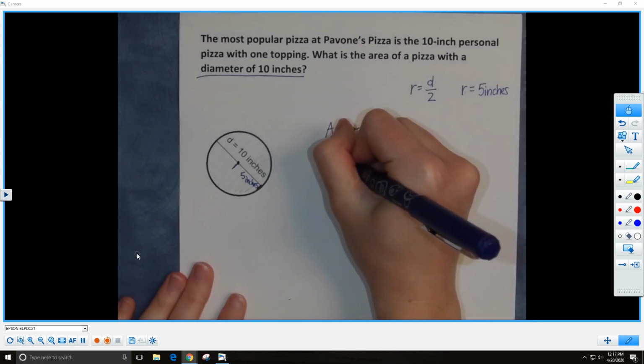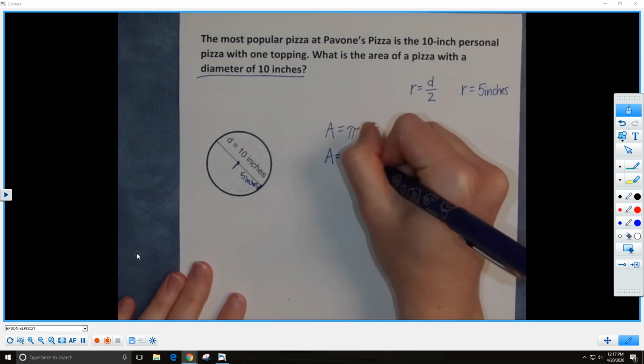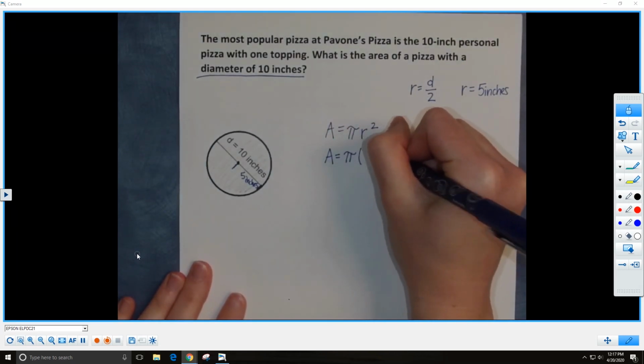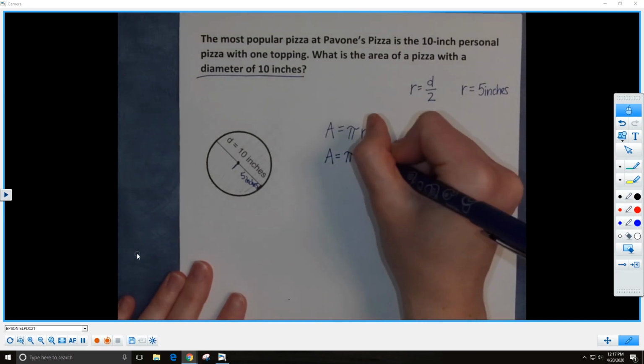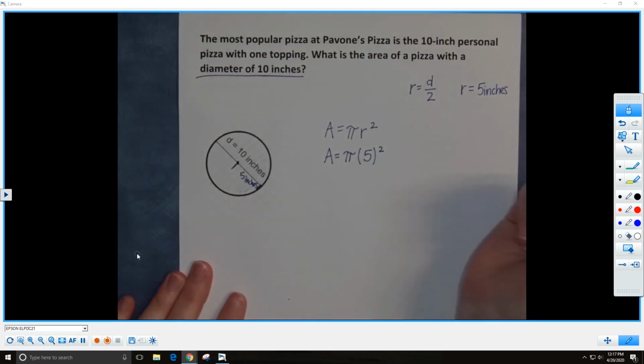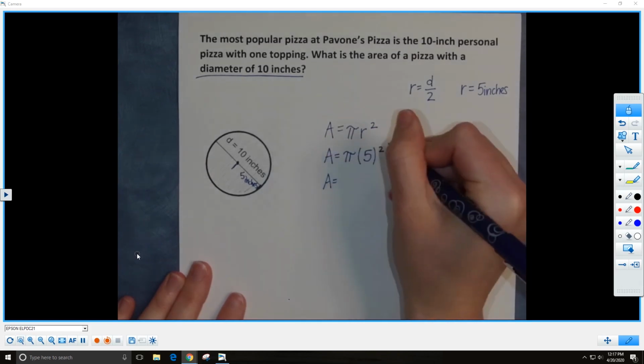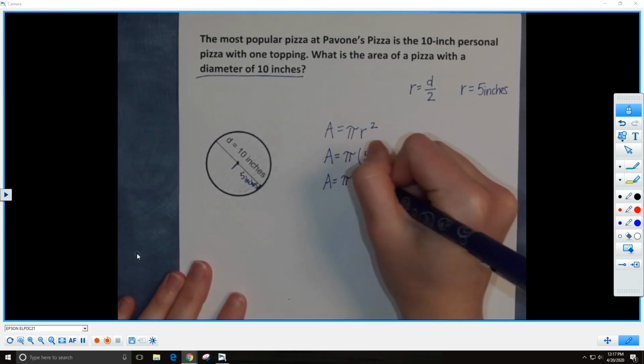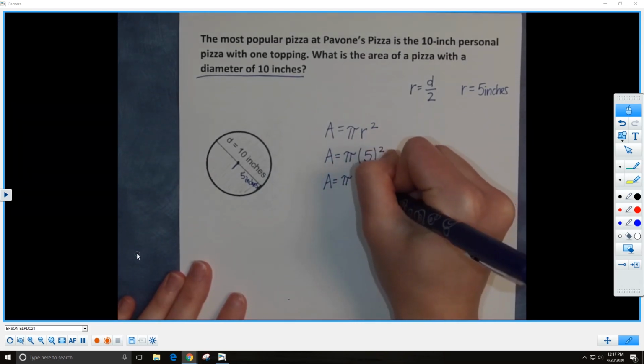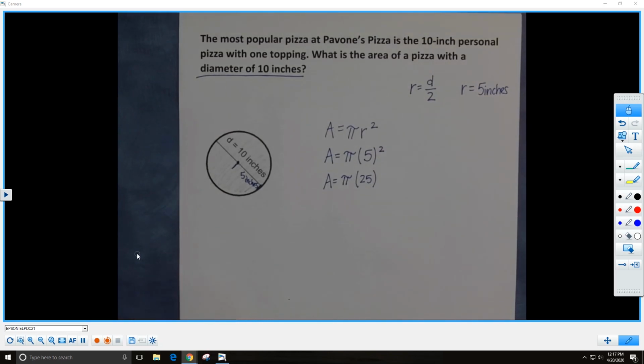Remember that we're trying to find A. I'll leave pi. What are we substituting in place of r? Right, that 5 inches for the radius that we just found. Remember that 5 squared means 5 times 5, which is 25. Okay.